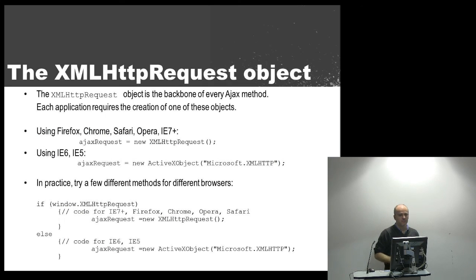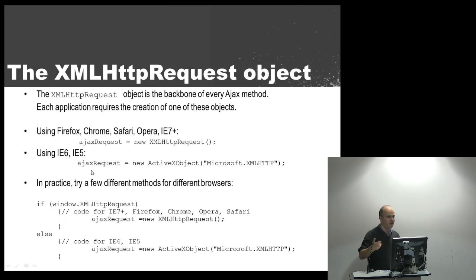The key object for this communication is the XML HTTP request. It has different formats depending on the browser you are using. If you are using modern browsers, you will use this line.